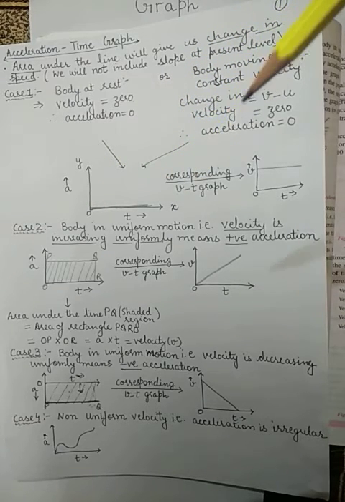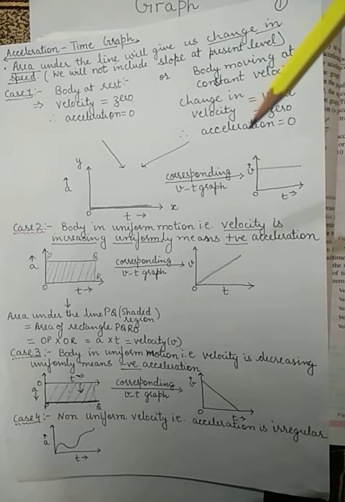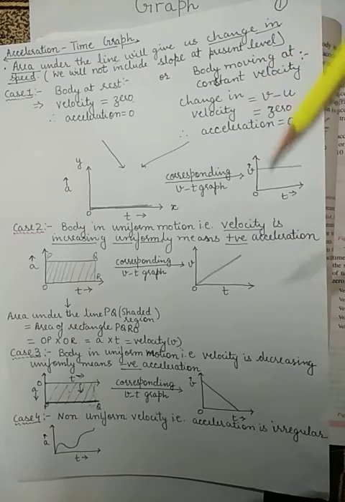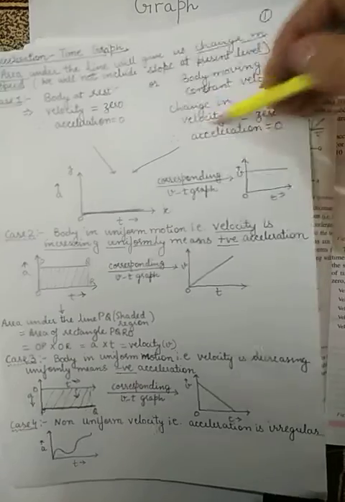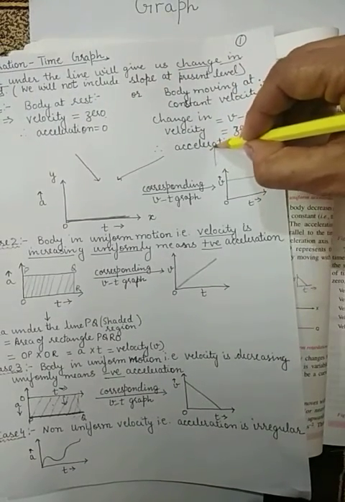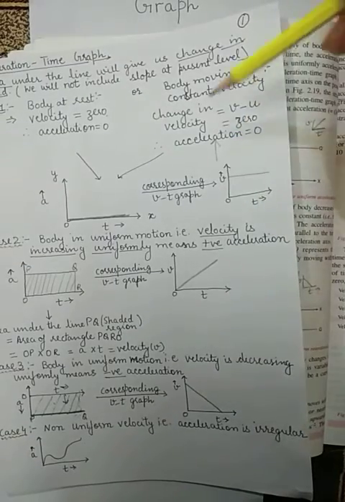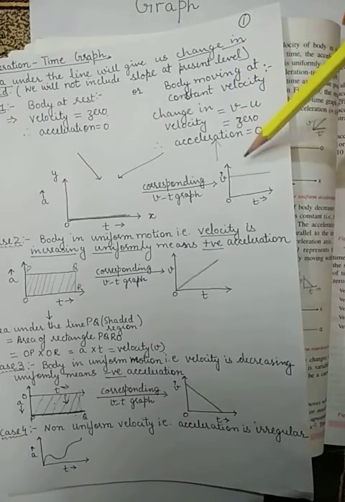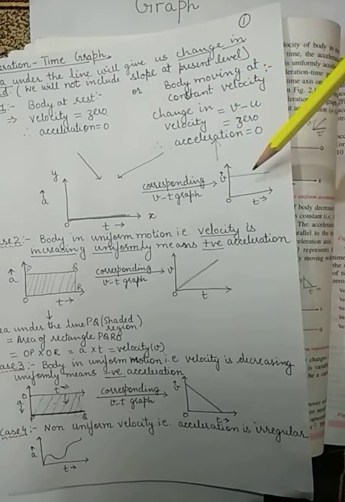Now if I want to show the corresponding velocity time graph for this constant velocity, this will be the constant velocity graph. This is the velocity time graph for an object moving with constant velocity, which we have studied in our previous classes also.